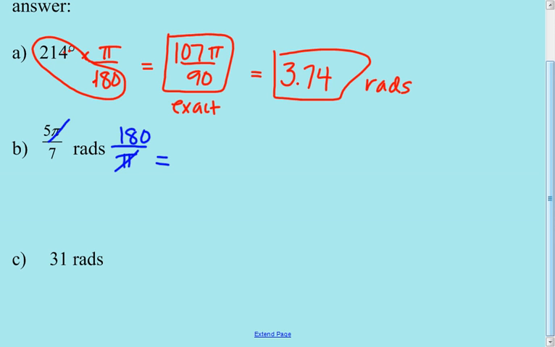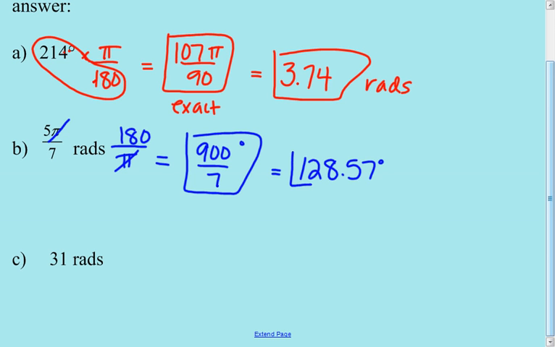Hit math, enter. See what your calculator does for you, but that should be 900 over 7 degrees if you want the exact answer. If you want the rounded answer, you're going to take 900 divided by 7 and get 128.57. Okay, and that's in degrees.